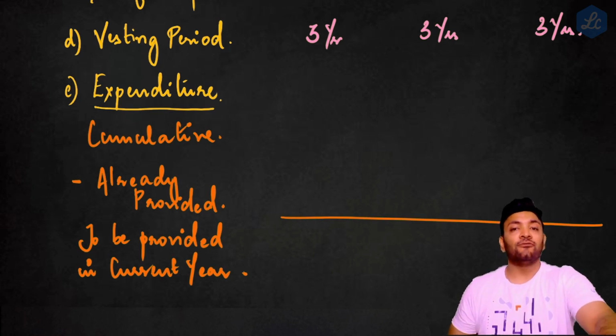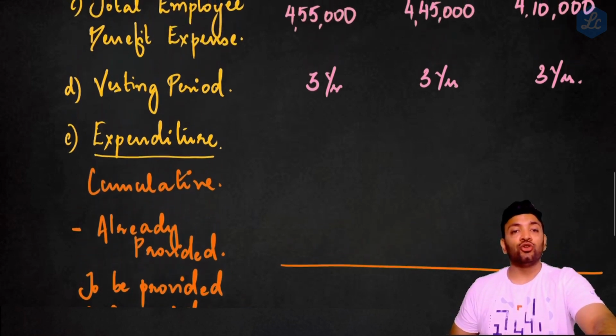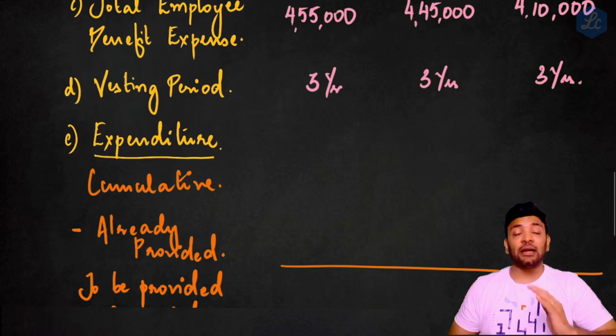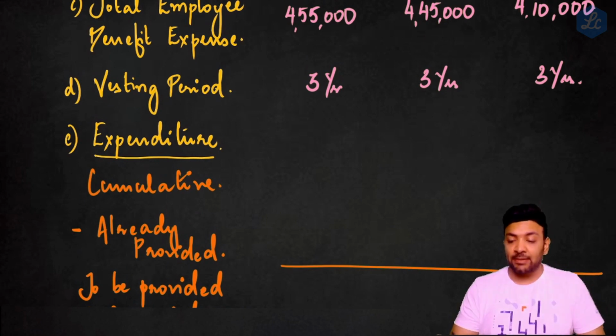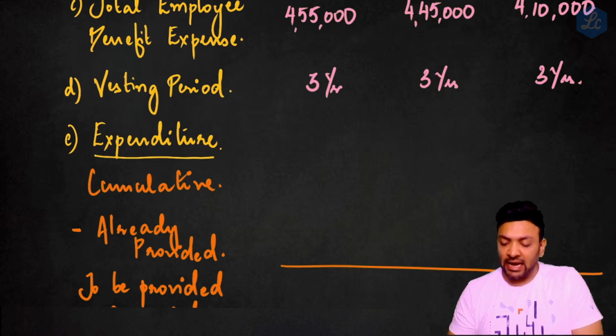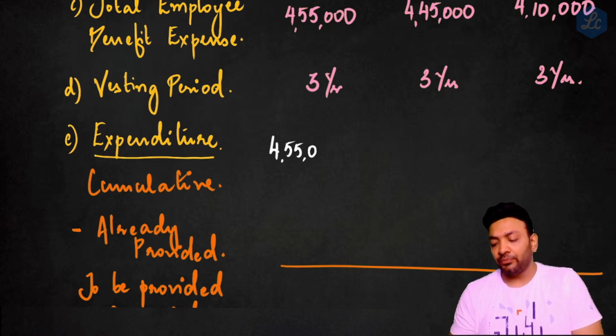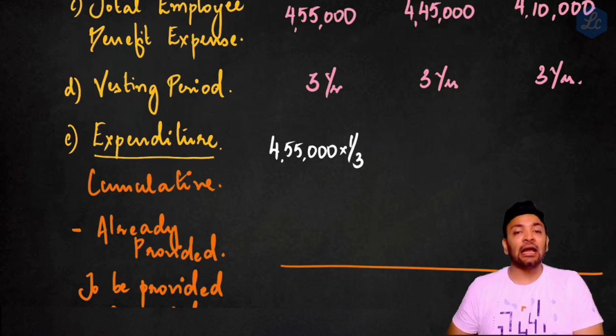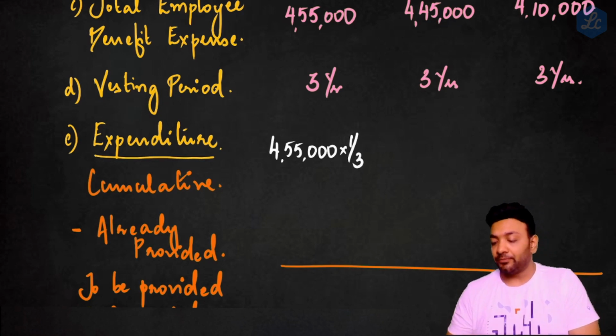Look at this. First, the cumulative expenditure. You know the total expenditure should be spread on a straight line basis over the vesting period. So at the end of first year, I'll be looking at 4,55,000 into 1 by 3. First year ending, only 1/3 of the provision.